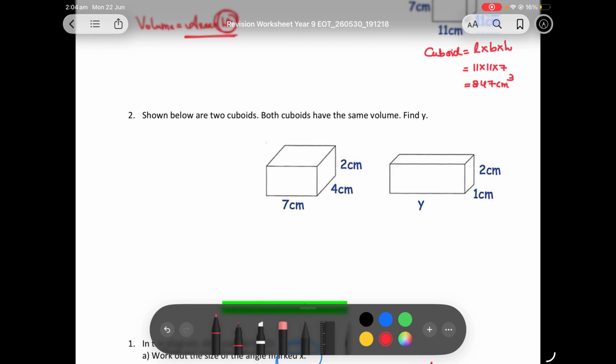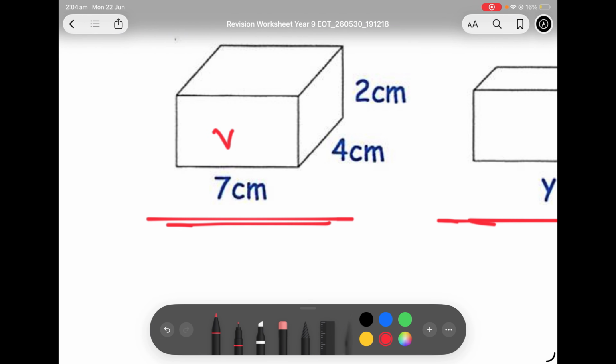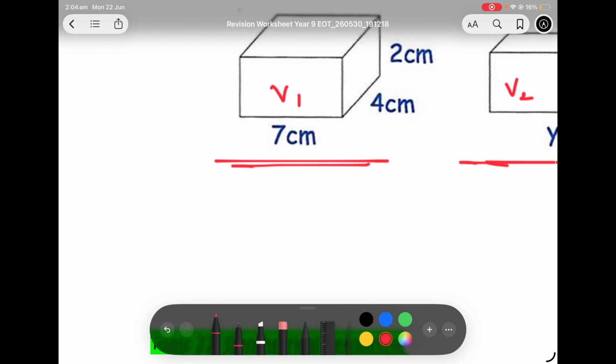Then it says, shown are two cuboids, cuboid one and cuboid two. Both have the same volume. So let's calculate V1 and V2. They said both are having the same volume, so LBH for V1 is equal to LBH for the other one.